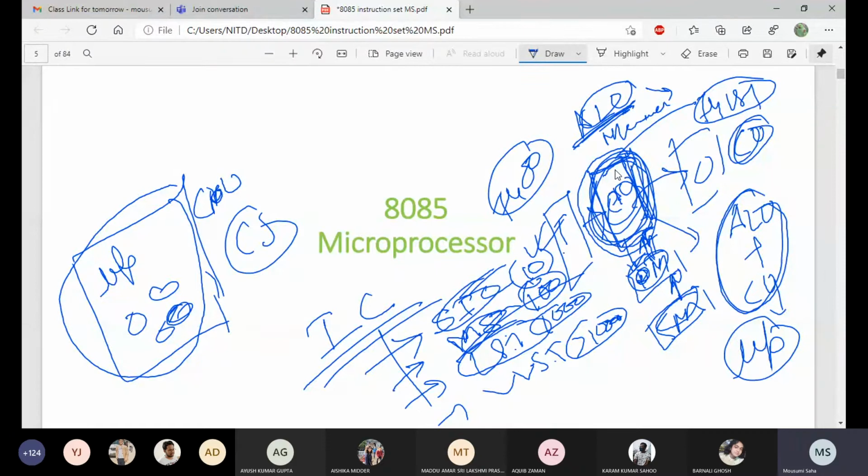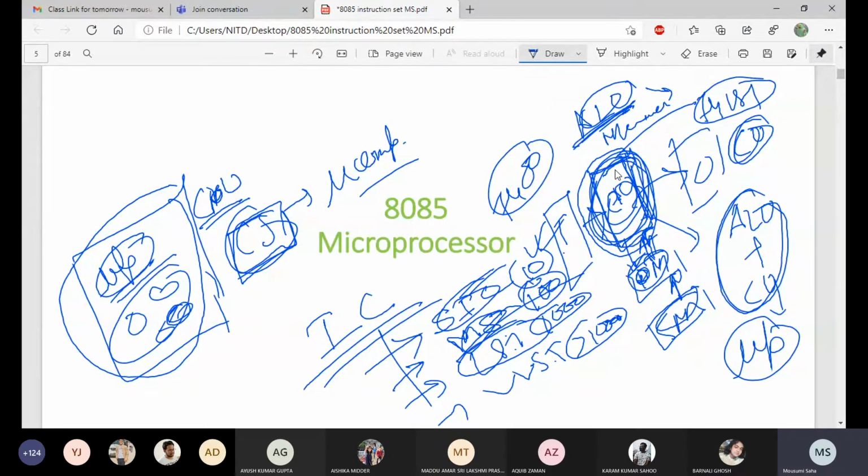In that part of your system, you can use only one processor or more than one processor. Processor means the microprocessor, I am saying. When your computer system has a microprocessor, it is called a microcomputer. At that moment we have the term microcomputer.